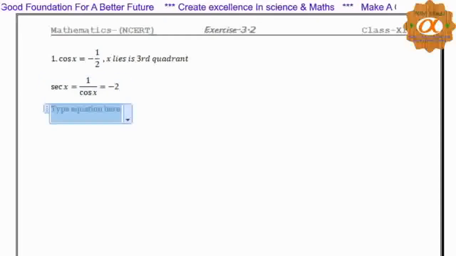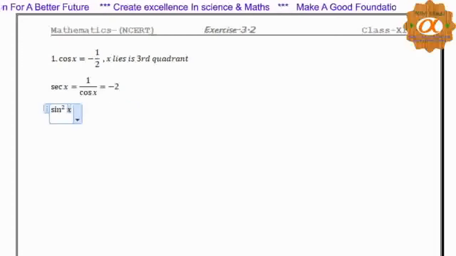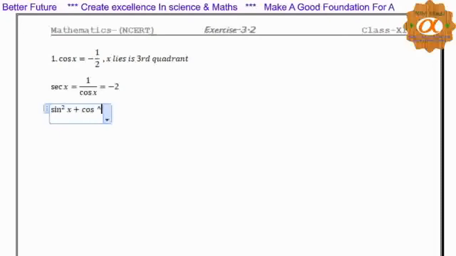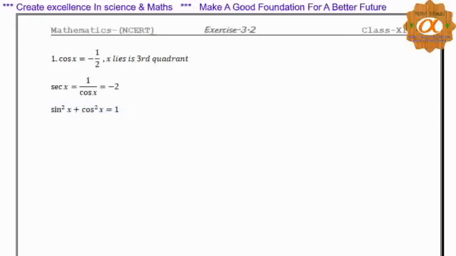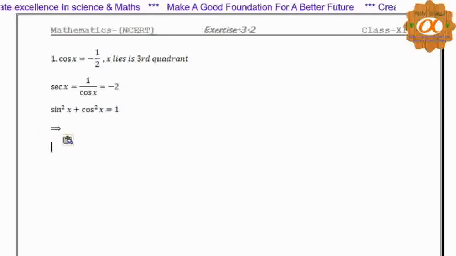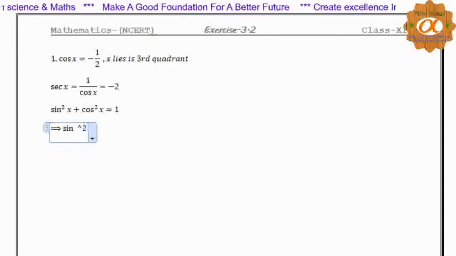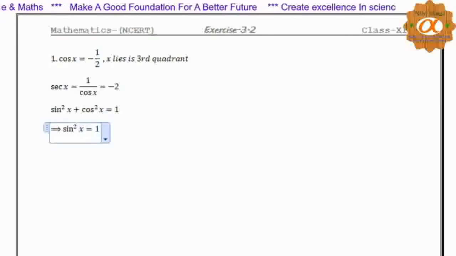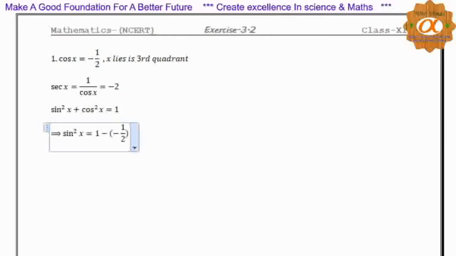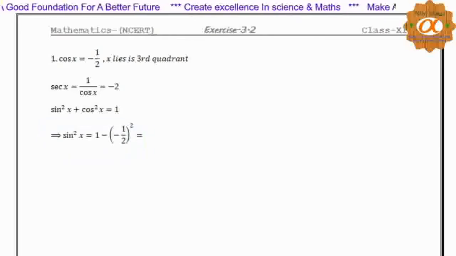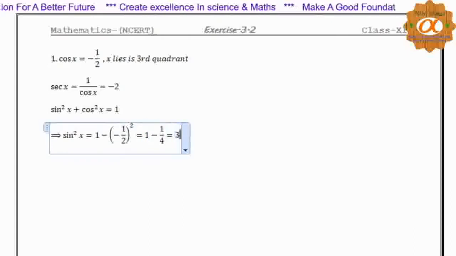Now, there is a formula that sin square x plus cos square x is equal to 1. From this formula, if we want to calculate sin x, then sin square x is equal to 1 minus cos square x. Cos square x means minus 1 by 2 whole square, that is equal to 1 minus 1 by 4, that is equal to 3 by 4.